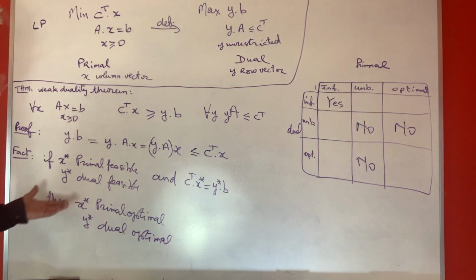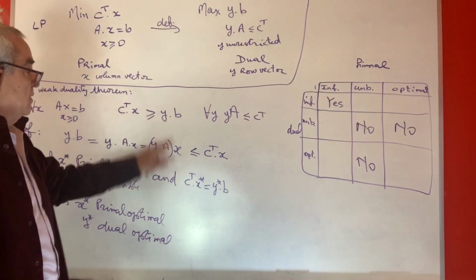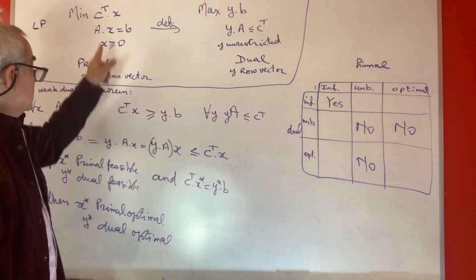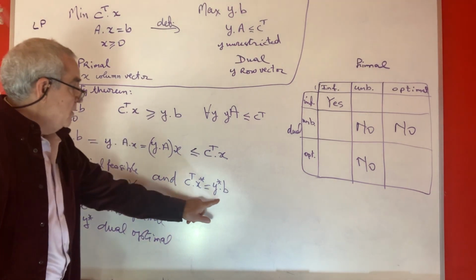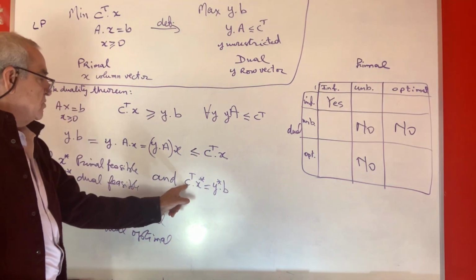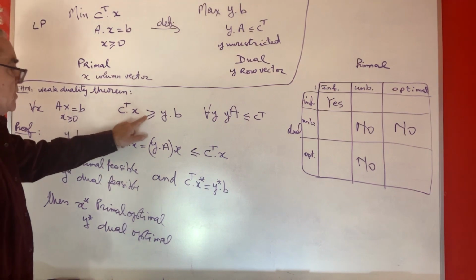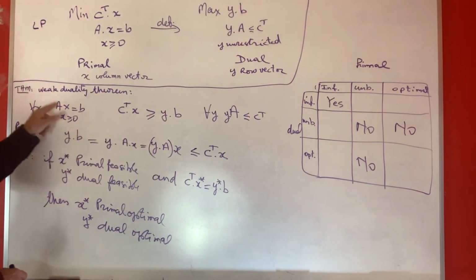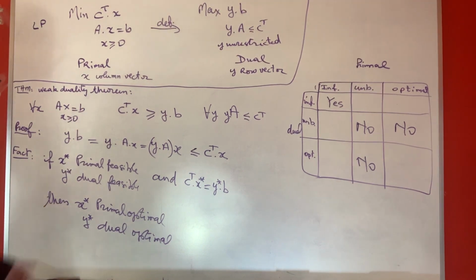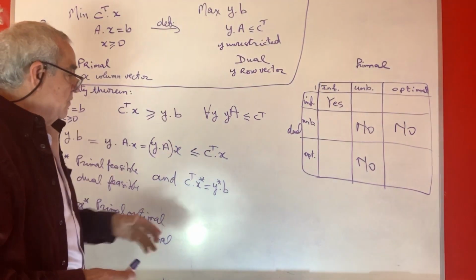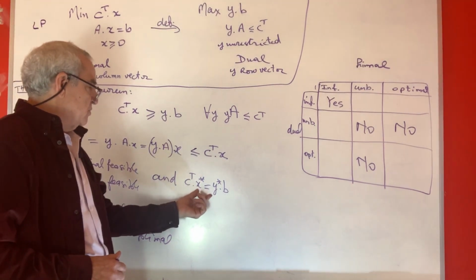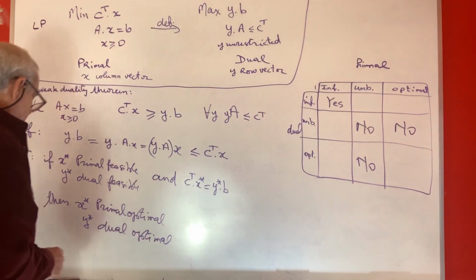This fact is trivial because we said this is a lower bound on the objective of the primal. So c transpose x is greater or equal to y star b, which is equal to c transpose x star, for every x such that Ax = b, x greater or equal to 0. So x star is optimal. Whenever you have two feasible solutions satisfying the constraints of the respective programs, and the objective functions are equal, then those two are optimal.